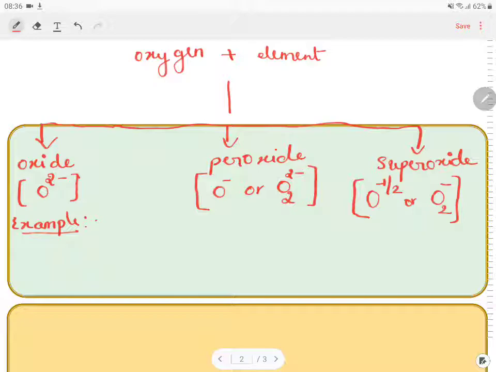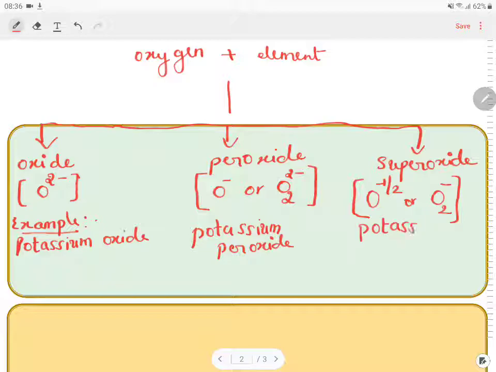I want to write the formula for potassium oxide, potassium peroxide, and potassium superoxide.